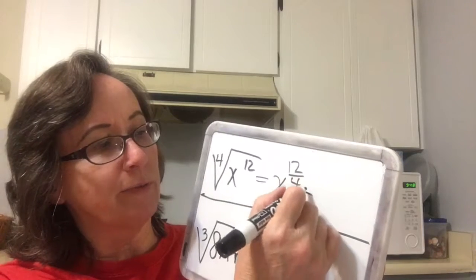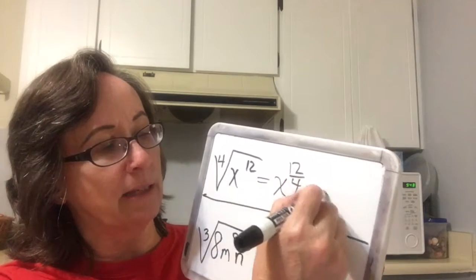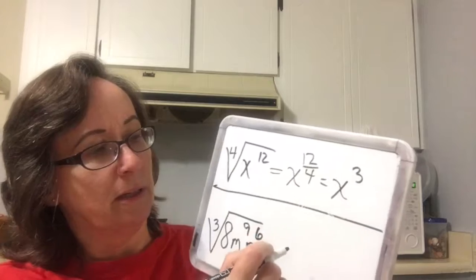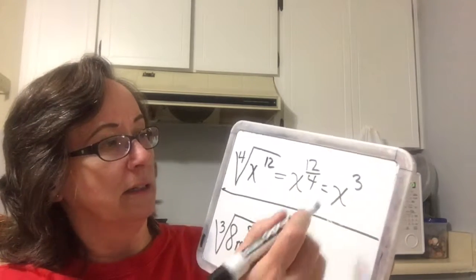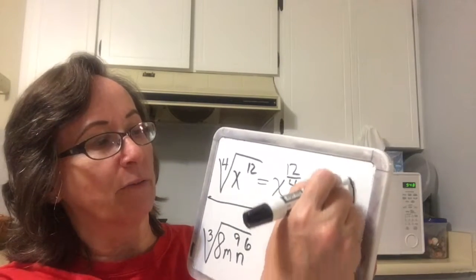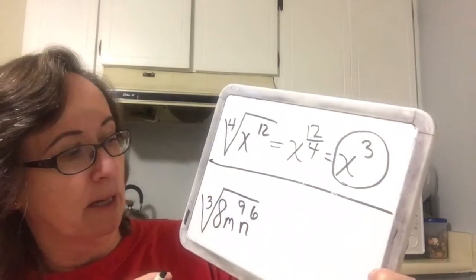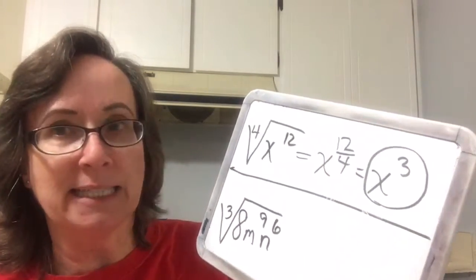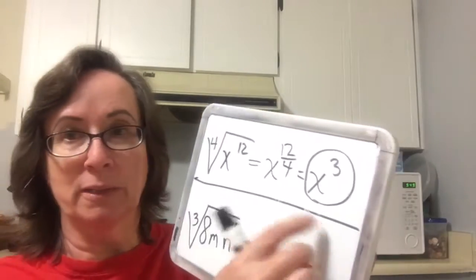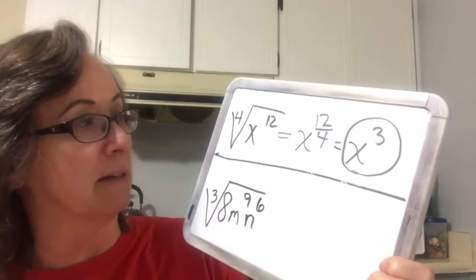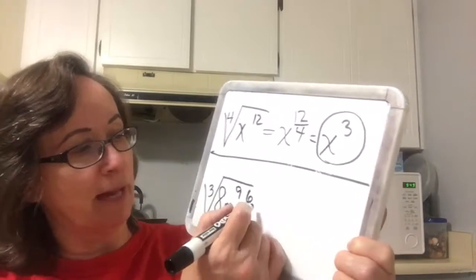The 12 over 4 will cancel and give us x cubed. So as a radical, it would be out of the radical. There's nothing left because the root has disappeared. We were supposed to leave these in radical form, but that one completely comes out of the radical. So no more radical form for that one.